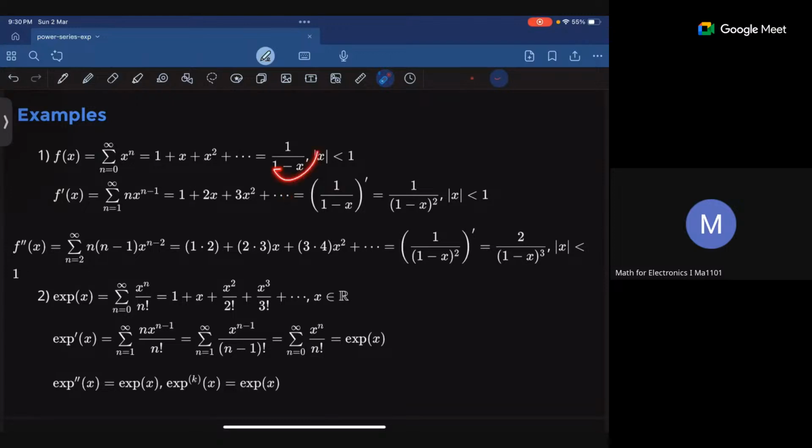So this will be the derivative of this expression, which is 1 by 1 minus x whole square, and the radius of convergence stays the same. If you further take the derivative once again, you will have something like this. So 1 becomes 0, 2x becomes 1 into 2, 3x square will become 3 into 2 into x, which is 2 into 3 into x, plus 3 into 4 into x square, and so on.